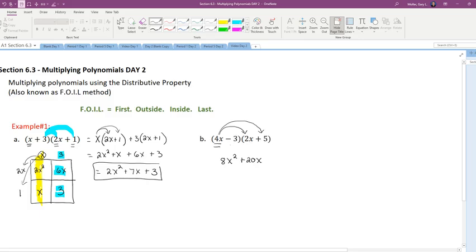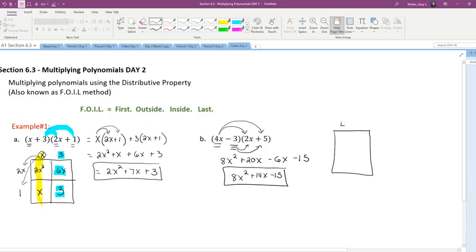Then I'm going to take the second part and I'm going to distribute that. Negative 3 times 2x is negative 6x. Negative 3 times 5 is minus 15. I can combine the middle terms together. And that is exactly the same math as if we had done our area model.